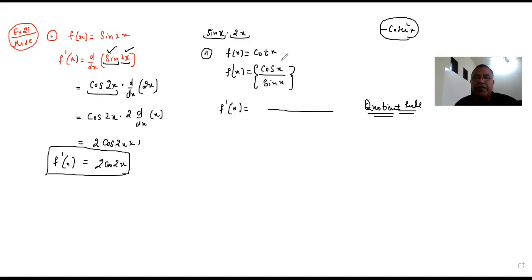So here there is one function cos x, there is a second function sin x, both the functions are in division, so I will apply quotient rule.